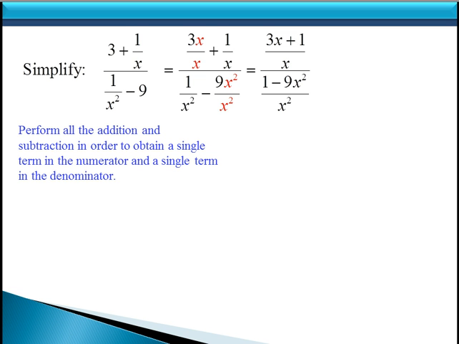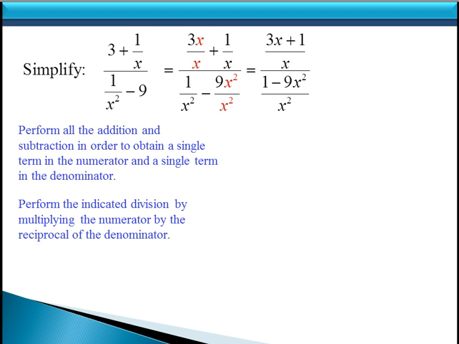So now what we're going to do is rewrite this as multiplication, because when we're dividing the numerator by the denominator, that's equivalent to multiplying the numerator by the reciprocal of the denominator. So that's going to look like this.